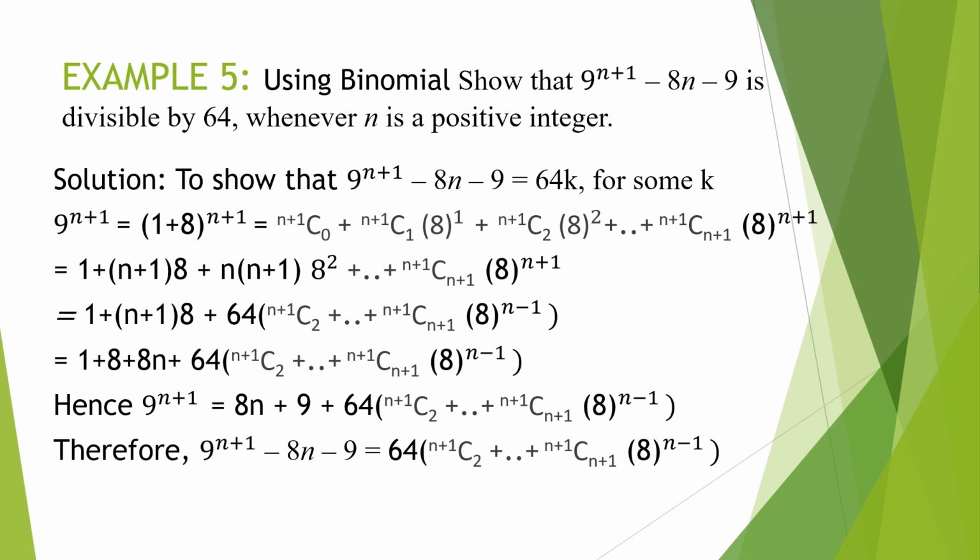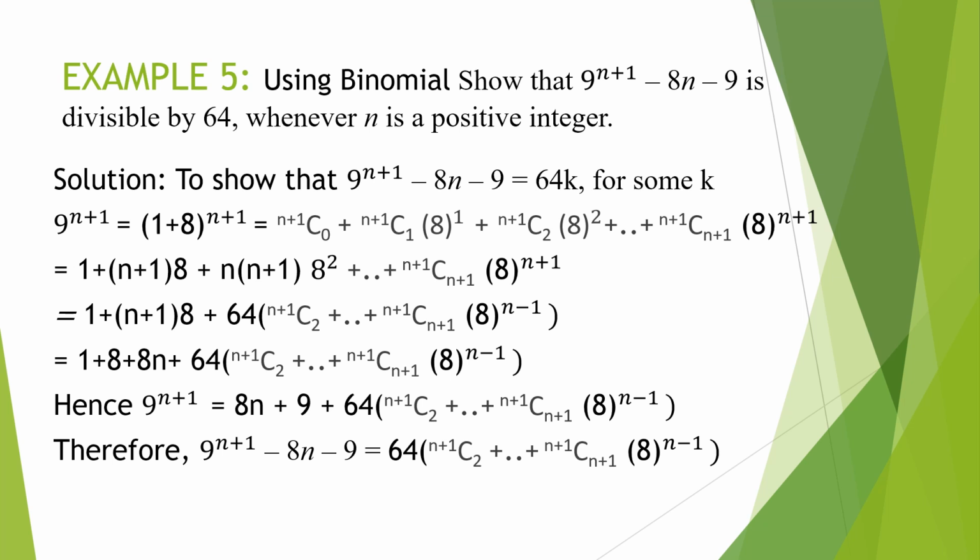So what we need to show is 9 raised to n plus 1 minus 8n minus 9 is equal to 64 into some k. Now just simplify 9 raised to n plus 1. How can we write? See, you have 9, 8, this side you have 64. So looking at this, it is very easy to understand that we have to write 9 raised to n plus 1 as 1 plus 8 raised to n plus 1 and then apply the binomial expansion of 1 plus x raised to n.